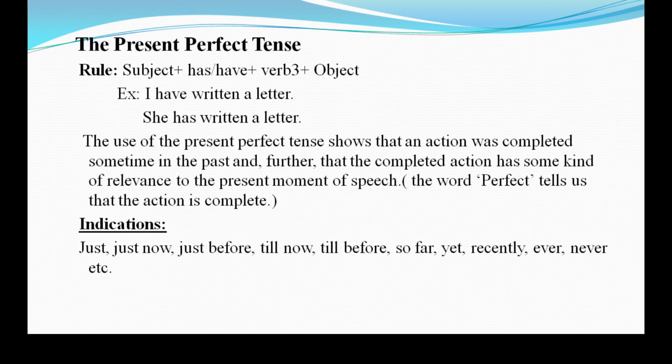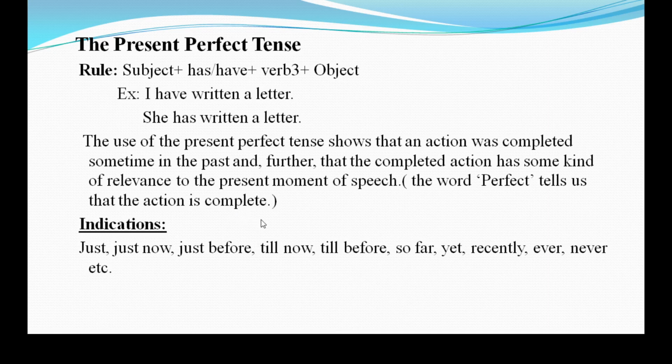Here, the present perfect tense does not tell us when an action was performed, but we can guess that it was performed sometime in the past. For example, the word perfect tells us that the action is complete just now.